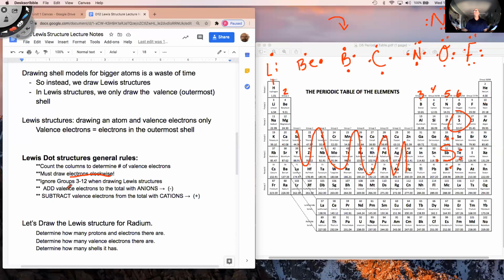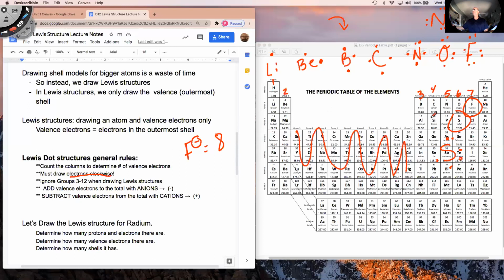Next, if you're working with an anion, which is negatively charged, for example, fluorine has 7 valence electrons, but since there's a minus here, that adds 1 electron. So now fluorine with a minus charge has 8 valence electrons.